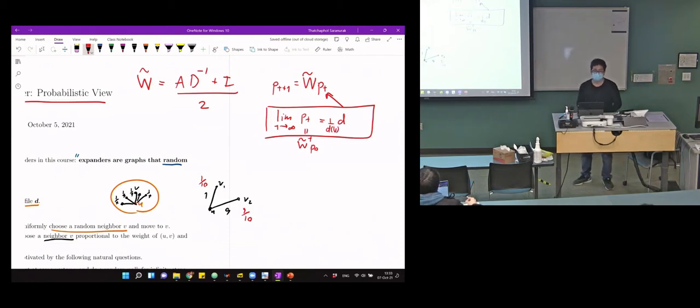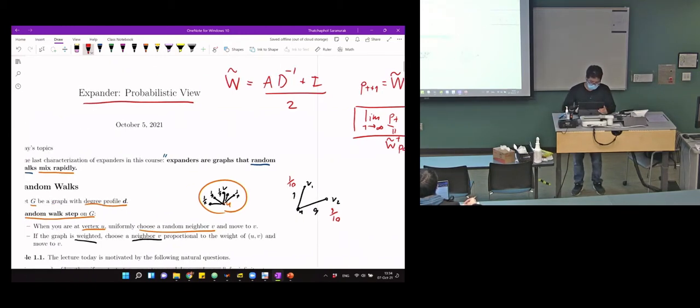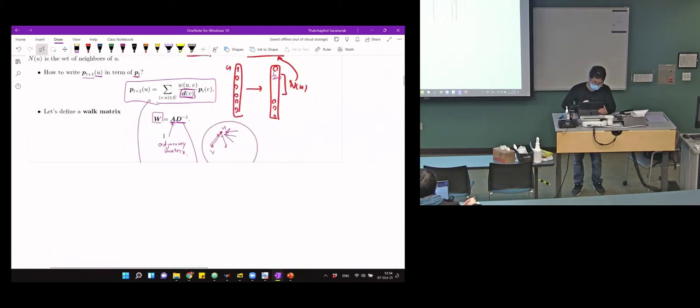Yeah. And also we have seen how fast the probability converges to this degree vector, and we call this pi. And what dictates how fast the probability converges to pi? Yeah, great, thanks.